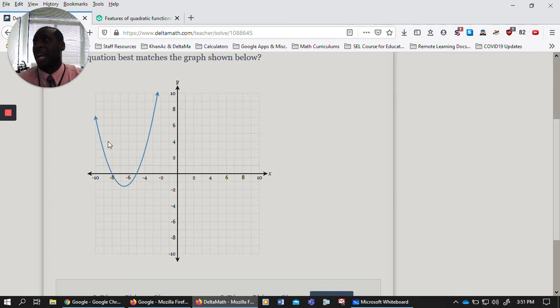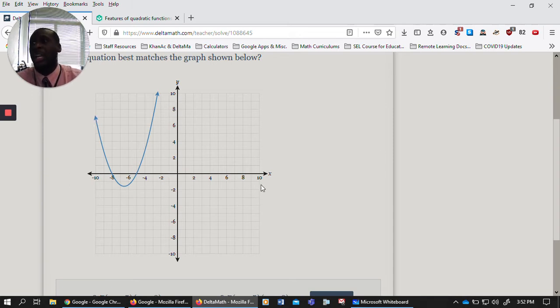So the first thing you're going to need to do, and I'm referring to this Delta Math assignment here, in order to select the equation that best matches the graph, is look here and identify what exactly those x-intercepts are based on the graph.